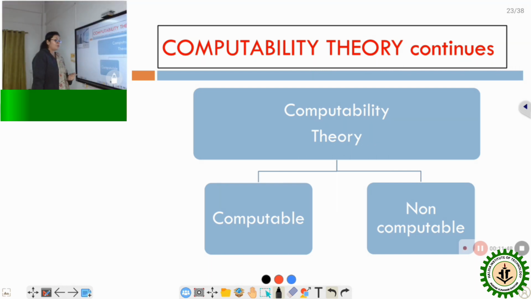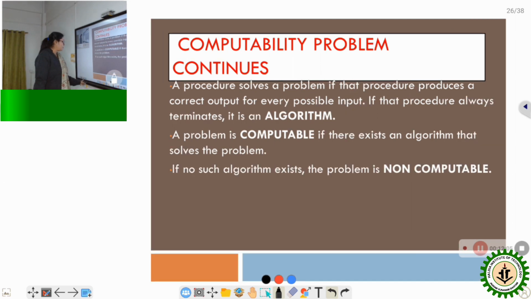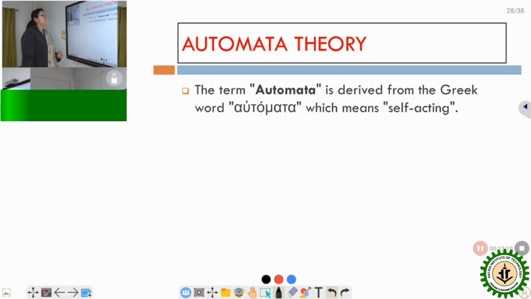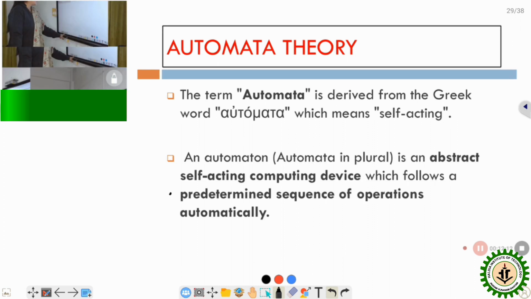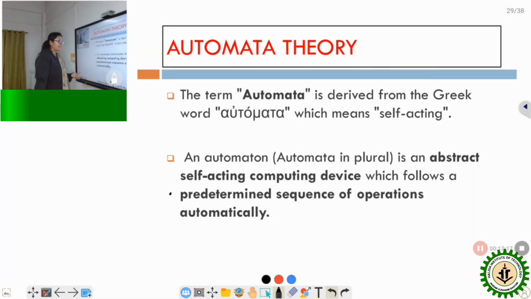Then we come to know that computability theory is all about whether a problem is computable or not. If a problem has a particular algorithm, then the problem is computable. Otherwise, the problem is non-computable. Automata theory deals with a self-acting device or computing device which follows an algorithm automatically.